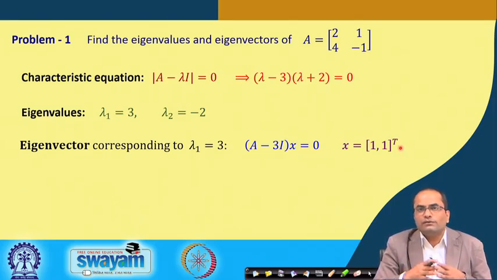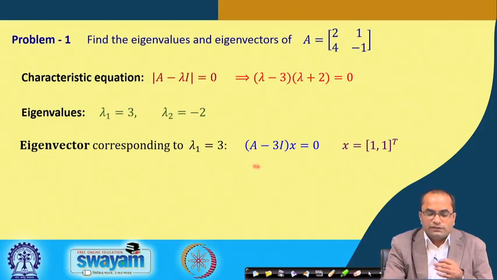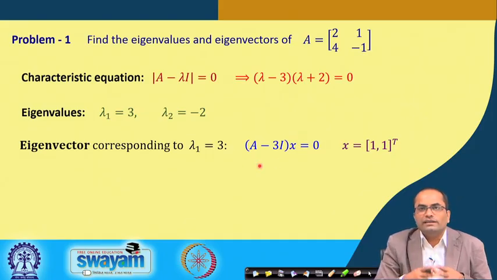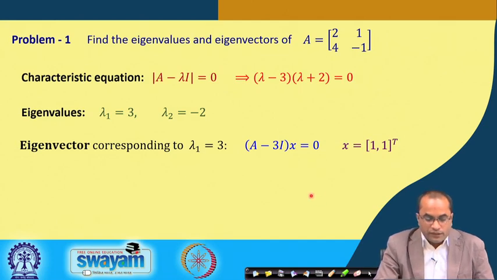So, any multiple of this will be an eigenvector, because that is the solution. This is a generator of the solution, or the basis of the null space of this A minus 3I matrix, and that is the vector x which we call the eigenvector.